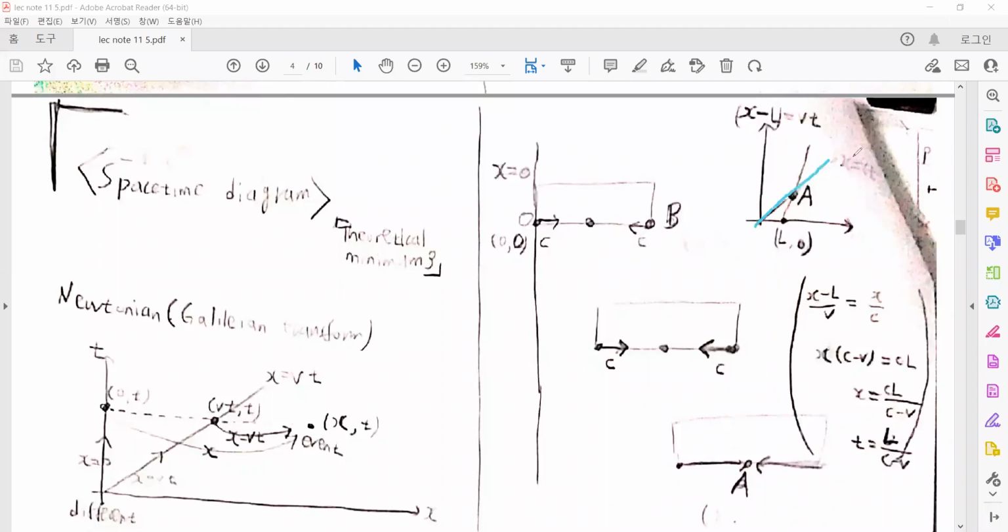One line is X equal to CT, and the point A is positioned at a distance L. So OA has distance L and AB has distance L.